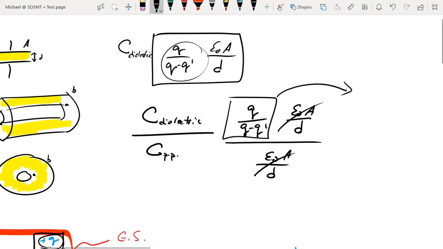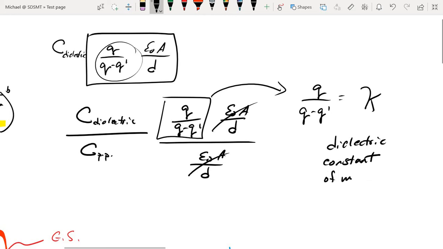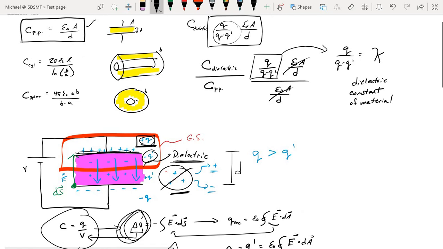And we take this ratio and we give it a name. We call this kappa. This is the dielectric constant of the material. So whatever material it was that you placed in between the plates of your capacitor will have a certain dielectric constant, or in this case, it will have a certain charge ratio.